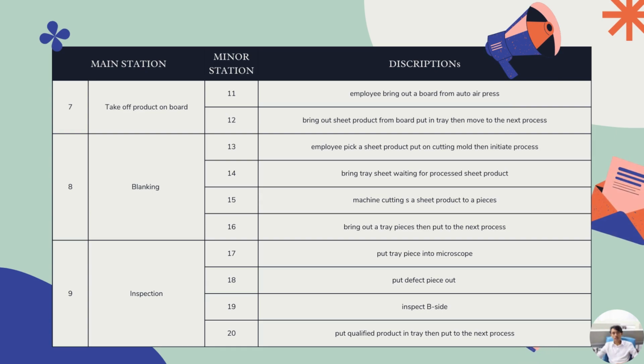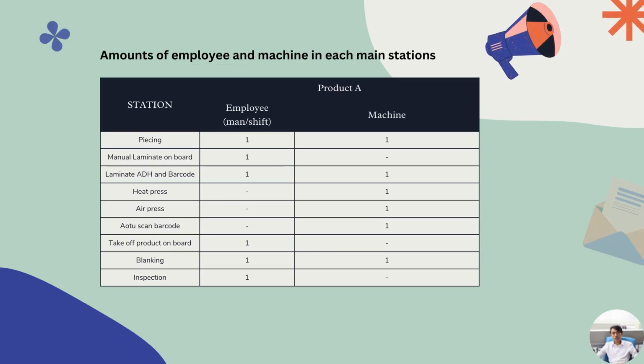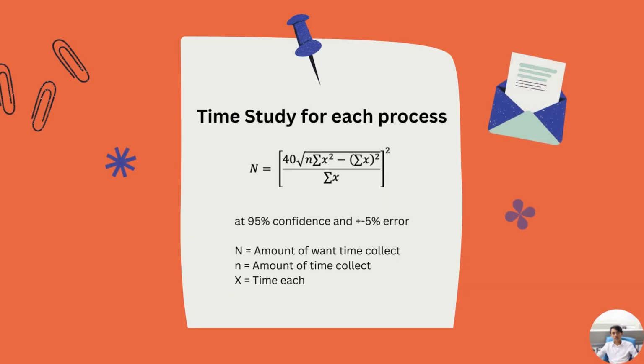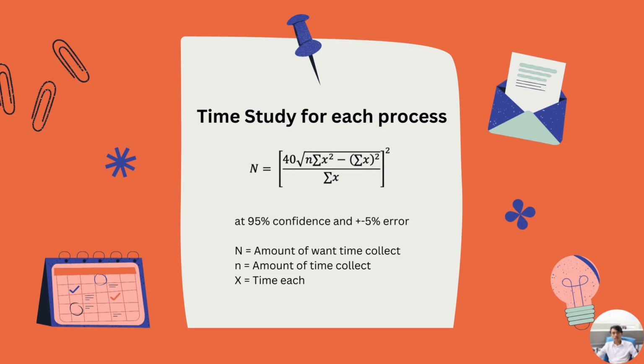And also this table. This table shows the amount of employees per shift and machines in each station. Time study for each process. We use this formula to calculate the amount of wanted time to collect at 95% confidence and 5% error.